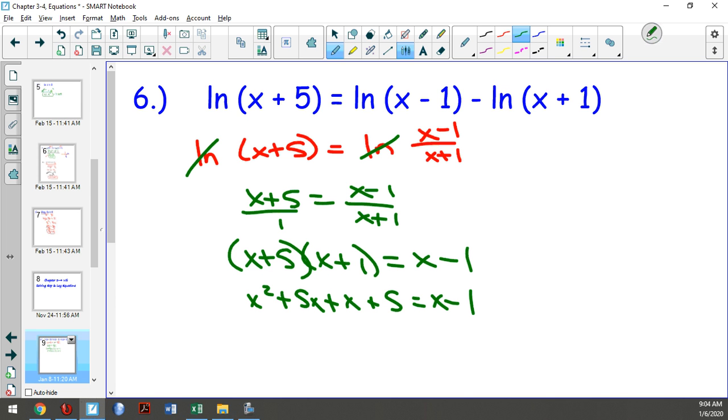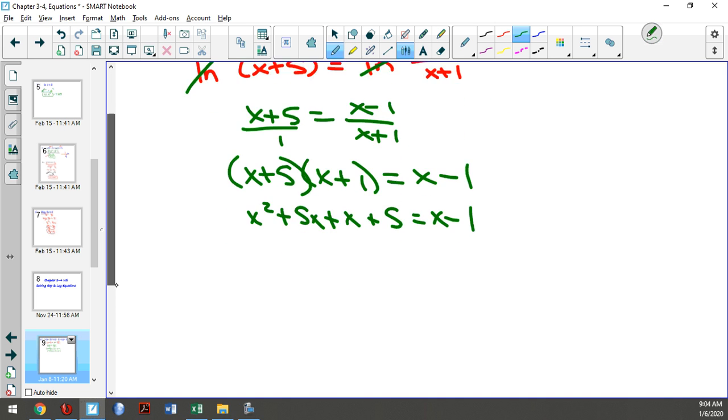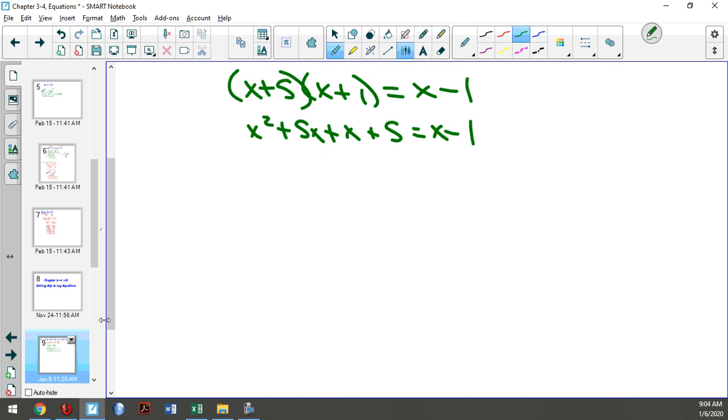What do you think you do next? I would combine like terms to give me a 6x plus 5 is equal to x minus 1. Then what would you do? I'm going to subtract x and add 1.